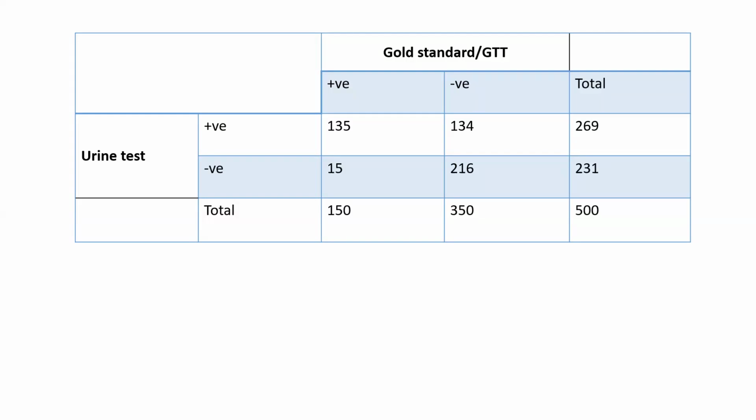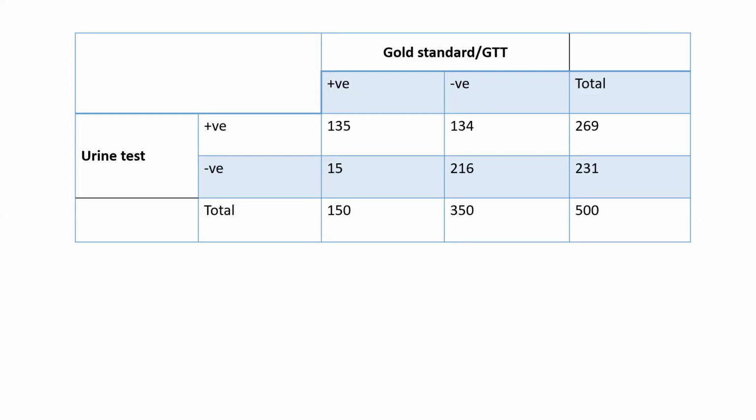That means, out of screening test positives, the percentage of people that actually have the disease. Out of screening test positives, how many people have the disease? Then negative predictive value is 216 divided by 231. That means, out of screening test negatives, how many are actually negative?